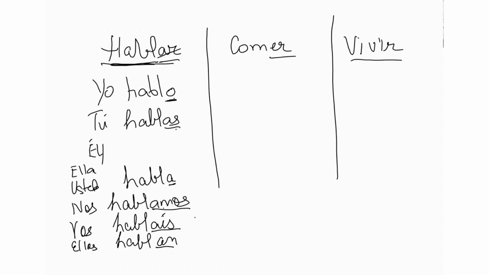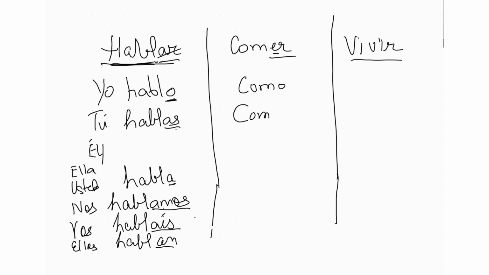Did you understand something? Little bit, yeah. Now, what about comer? Yo como. Yeah, muy bien. Yo como. Now, since it is E here, comes, but not comas, it is comes. Why?